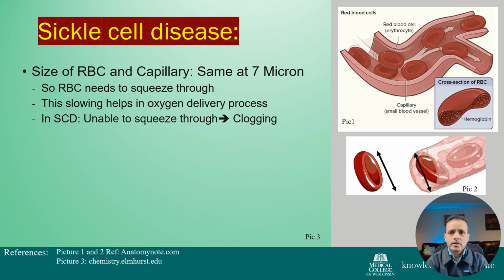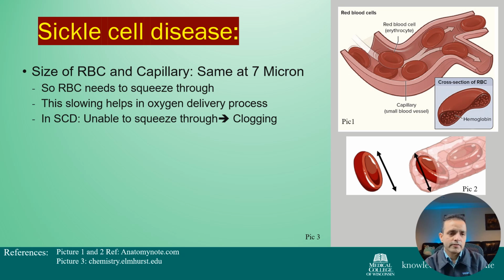In sickle cell disease, substitution of glutamic acid with valine in the hemoglobin chain results in a loss of that elasticity. The RBC is no longer malleable, and this results in stagnation and clogging of the vessels.